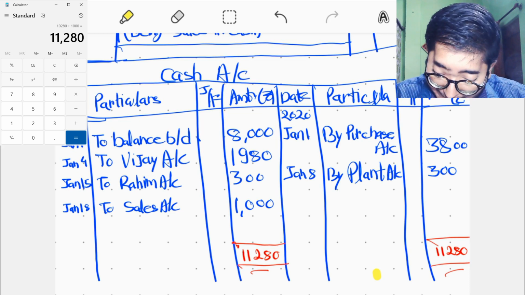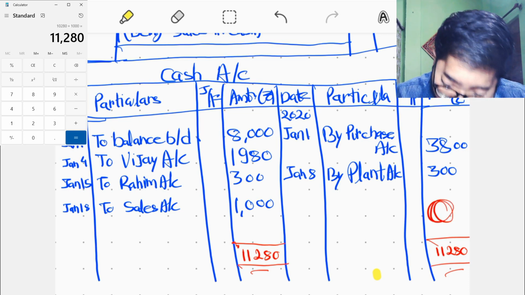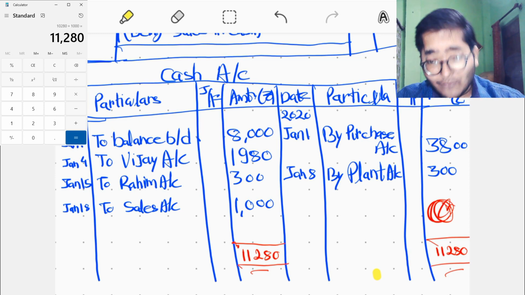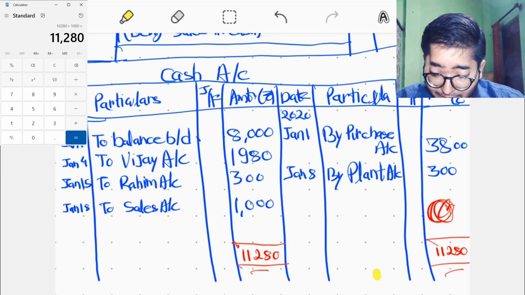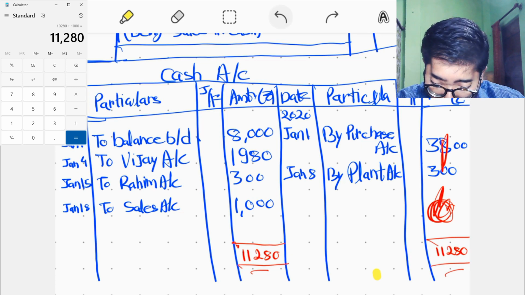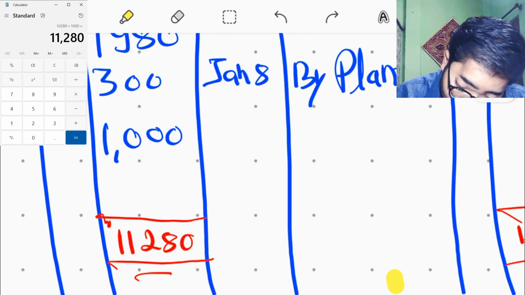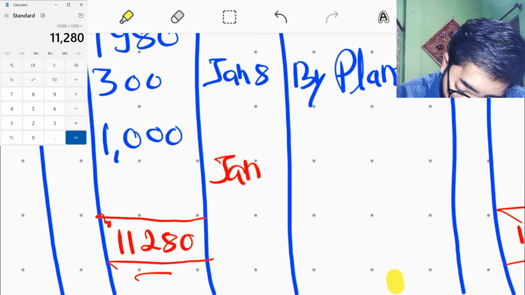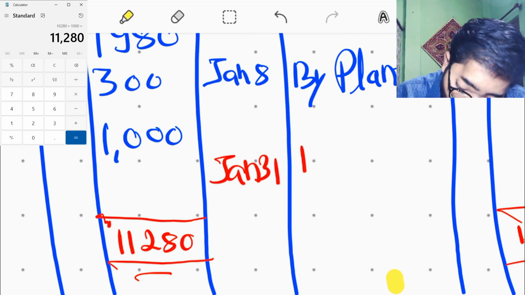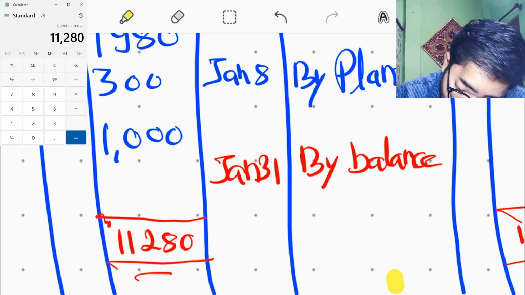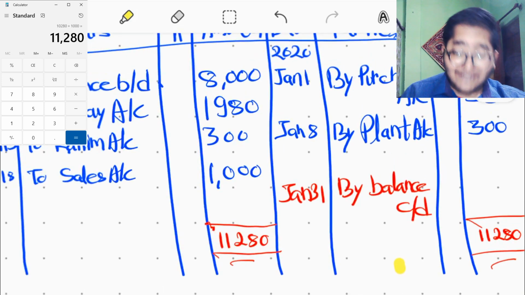Now we can see that here in this portion there is a missing balance. Something must be here, कुछ तो यहाँ पे होना चाहिए ताकि ये जो इक्वेशन है ये प्लस ये 11,280 हो सके. ये इक्वेशन को टैली करने के लिए हम लोगों को क्लोजिंग बैलेंस निकालना होगा. इसीलिए जनवरी का एंड डेट को हम लोग मान लेंगे क्लोजिंग डेट है. वहां पे लिखेंगे बाय बैलेंस CD कैरेट डाउन. बैलेंस CD कब लिखते हैं?